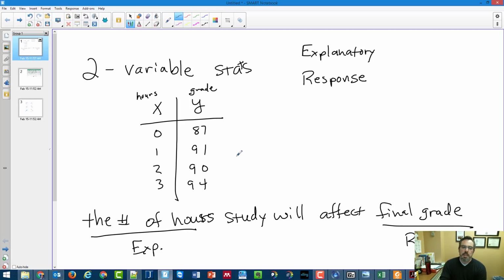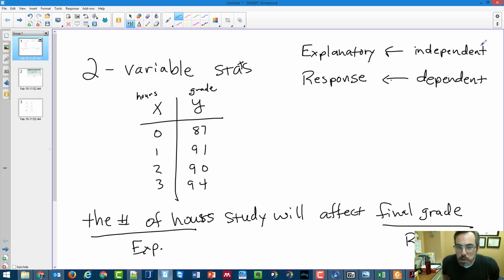Sometimes we refer to these as dependent and independent variables. My response variable is usually thought of as a dependent variable. Your response depends on what happened, and so that makes the explanatory variable independent. Not all studies are going to have that kind.